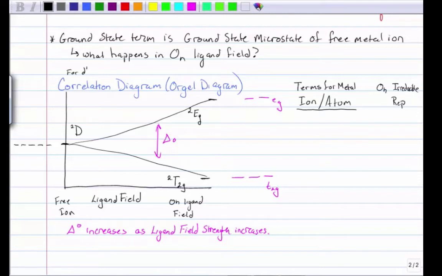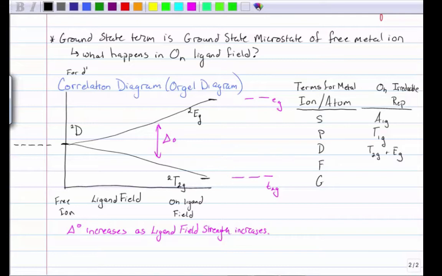You could read these if you knew what the terms meant, so if you knew what S, P, D, F, and G were. These would be your Russell-Saunders terms for the N sub L value. The S will split into an A1g under the octahedral field, so that's the most symmetric. A P will split into a T1g. The D will split into T2g plus an Eg.